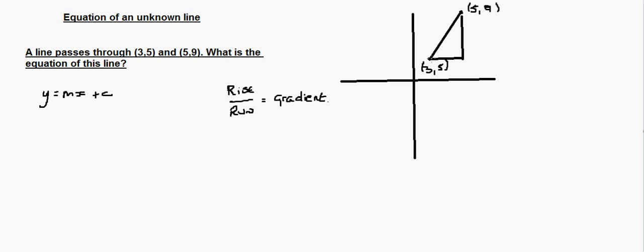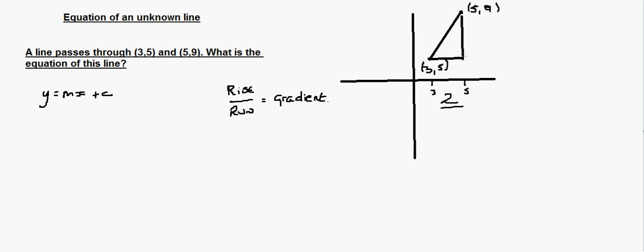If I'm at this point, I'm at 3 on the x-axis, because 3 is my x value. And if I come to this point here, I'm at 5, because this is my x value. So I would have run along here 2. Okay, I'm hoping that you can see that.